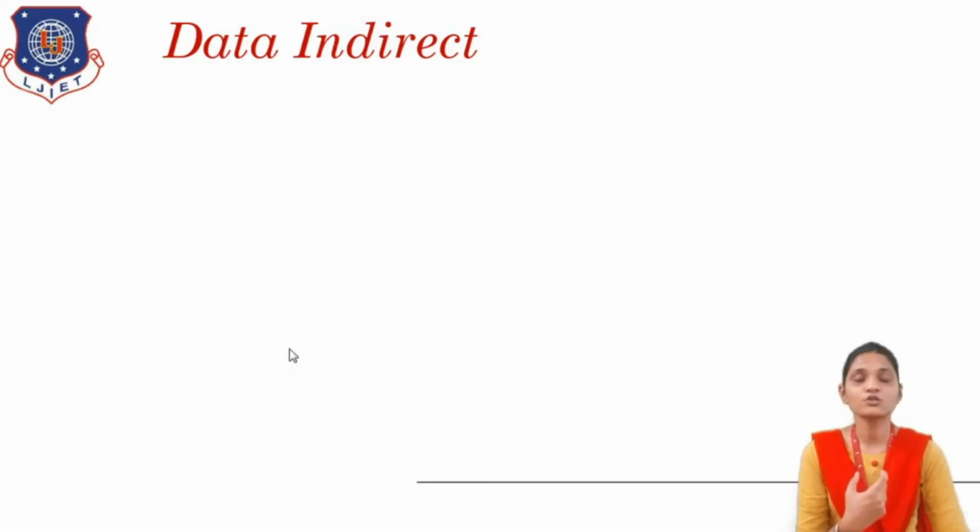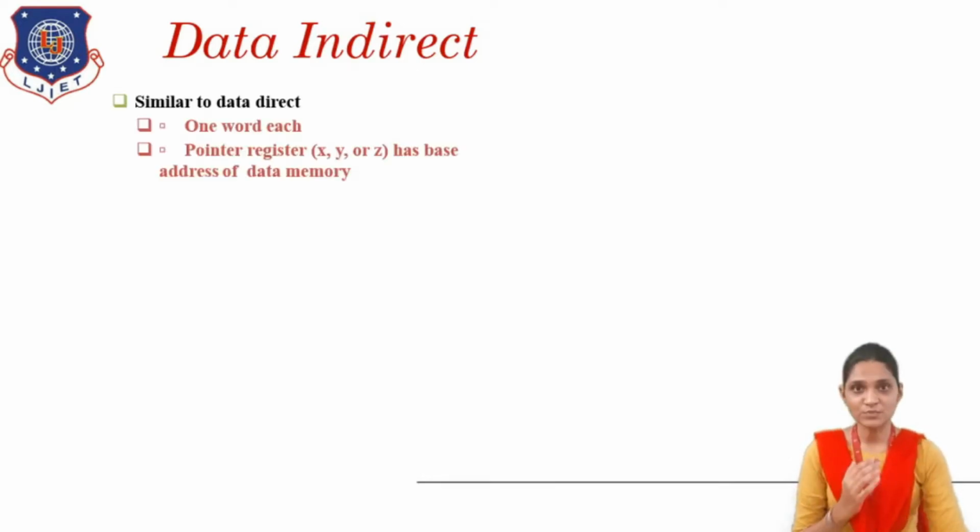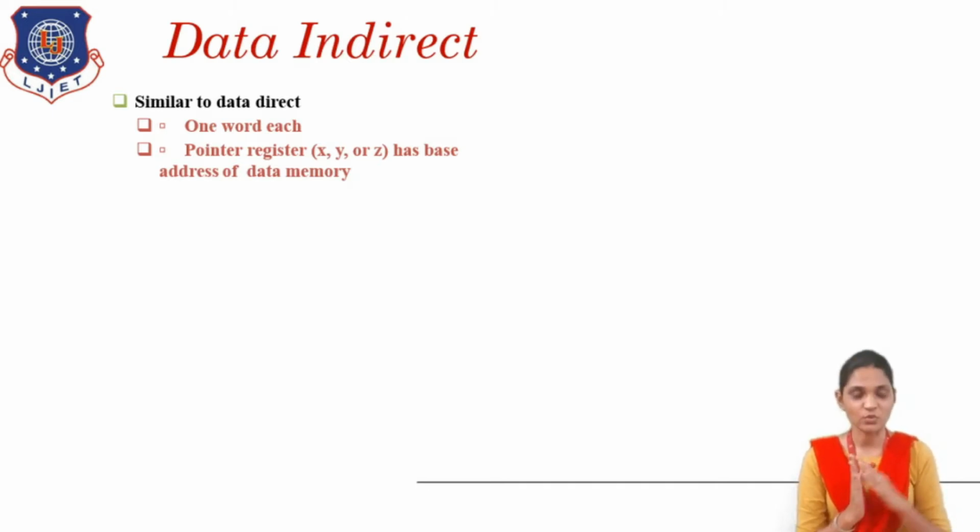There is also the possibility that you can use the data indirect addressing mode. It's similar to data direct addressing mode, but it requires only one word in each instruction. In the last case, we required a second word to store the 16-bit address.